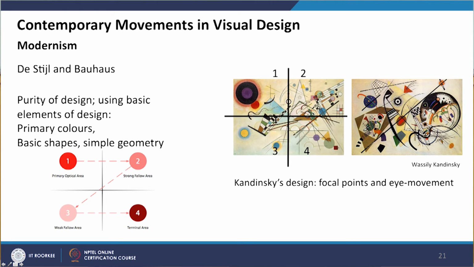So here we can see this composition has a heavy figure and the focal point in the first quadrant. So our eye can come here first, and then we have some strong composition here in the second quadrant and the third quadrant, but the fourth quadrant is left less intricate, because as we were discussing, our eye has a tendency to go to the fourth quadrant, and then we can go to the next composition.